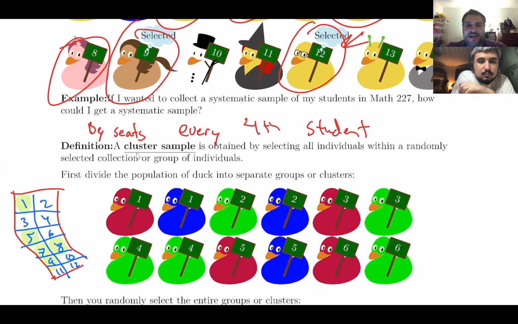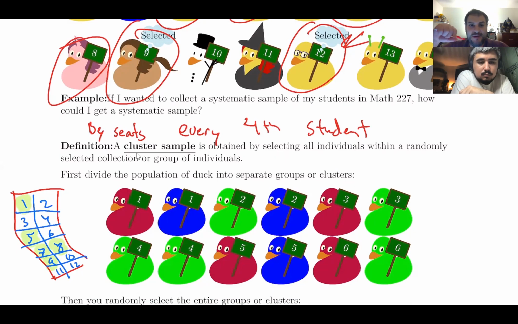So what a cluster sampling is, you pretty much divide them into natural groups. And once you divide them into natural groups, you randomly select one of those clusters, or you could randomly select multiple of those clusters. Once you get the random cluster, instead of randomly selecting from that cluster, everybody inside of that cluster automatically gets chosen.